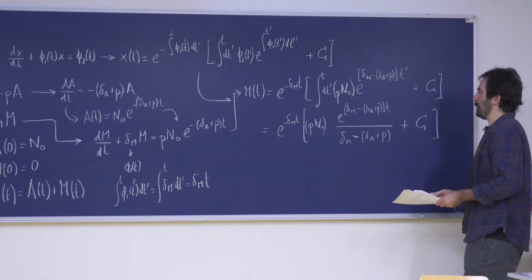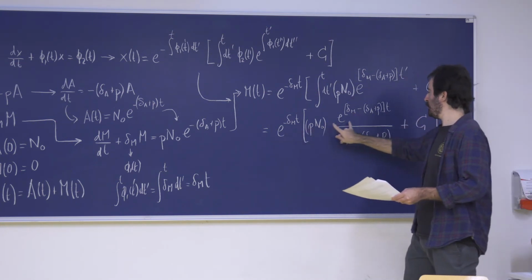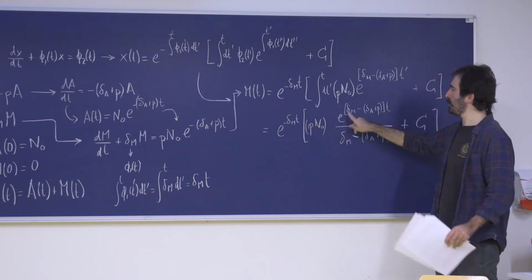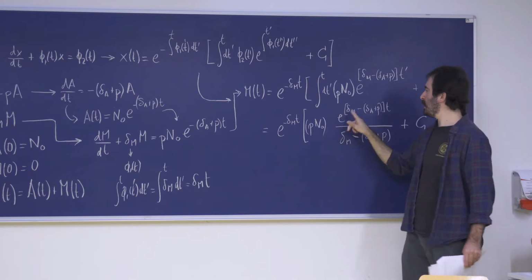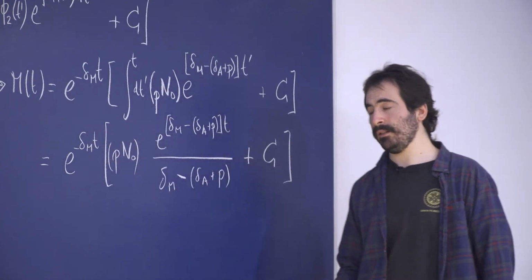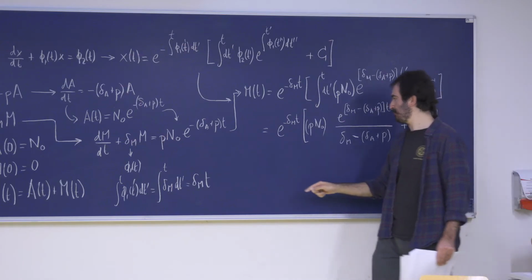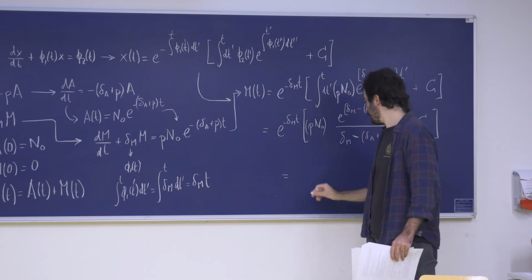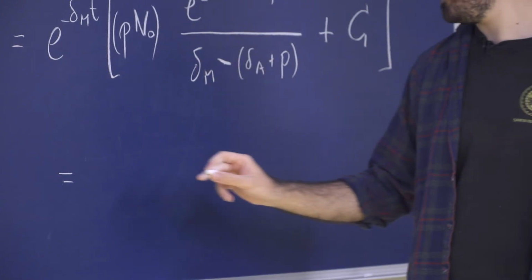And we are almost there now. First off, I need to include this term over here. That's going to actually cancel out this positive e to the plus delta m t, if you notice. So this part here is going to go away by virtue of the fact that I have this outside. And here I'm going to pick up this factor. I cannot forget about this one. Okay, so we can rewrite this as follows.